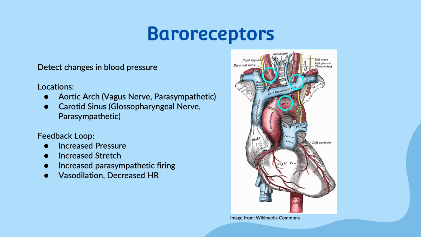Because both of these nerves have parasympathetic properties, when blood pressure increases, the baroreceptors are stretched, leading to increased firing of action potentials that activate the parasympathetic nervous system and inhibit the sympathetic nervous system, resulting in a decrease in heart rate and blood pressure. When blood pressure decreases, the opposite happens, leading to an increase in heart rate and blood pressure. These signals are transmitted to the solitary nucleus of the medulla.